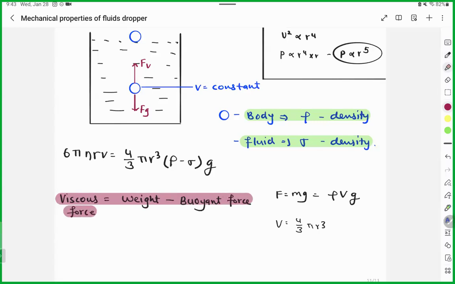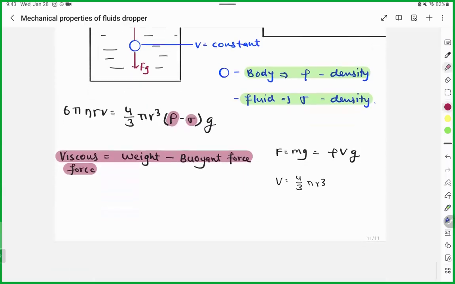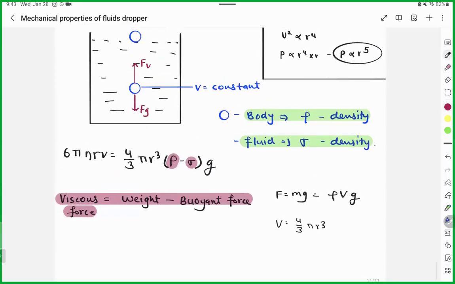Any doubt, guys? Remember, this is for the body. And now you can calculate the V value, because one R can be cancelled. Just focus only on this. You can calculate your terminal velocity.